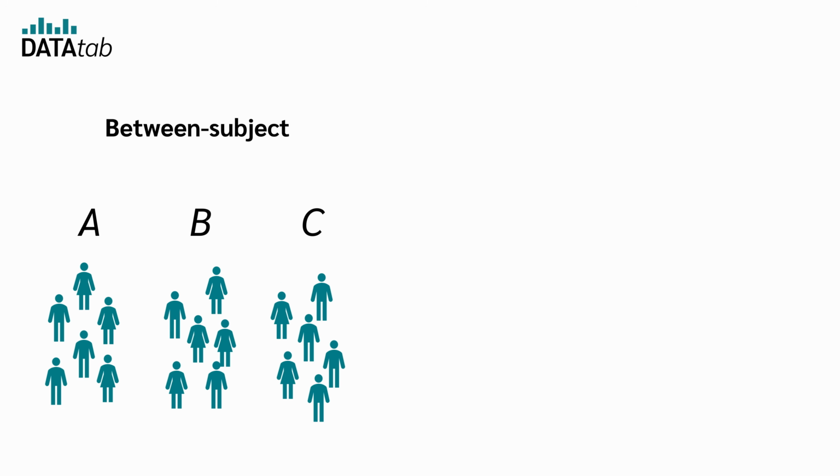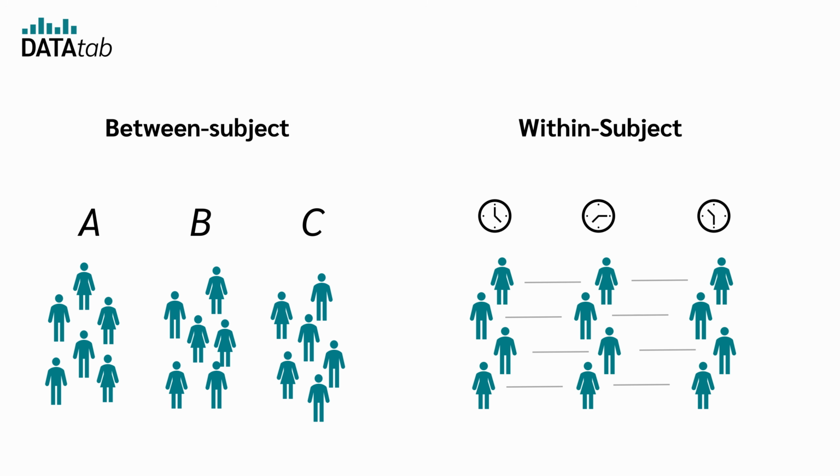So in a between subjects design, each subject or participant is only assigned to one factor level, so that the different subjects only have the influence of the respective group. In contrast, in a within subjects design, the same subjects or participants are exposed to all factor levels, which enables a direct comparison of the reactions to each factor level.